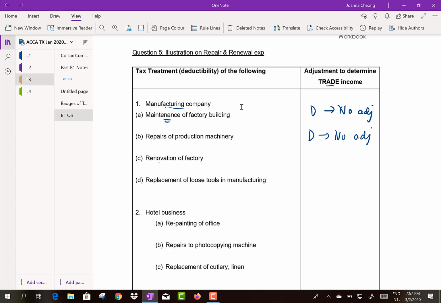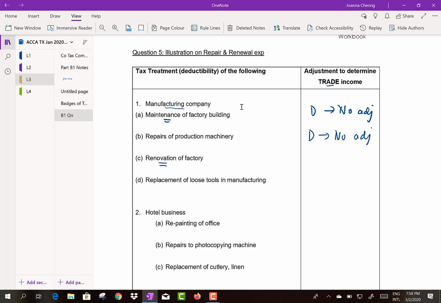Renovation? Renovation. Now, I think you have seen this word in your financial accounts before, right? When you spend money on renovation, usually you will capitalize the expense, correct or not? Yeah, so in tax, we will also treat this as capital in nature because there will definitely be some element of improvement.